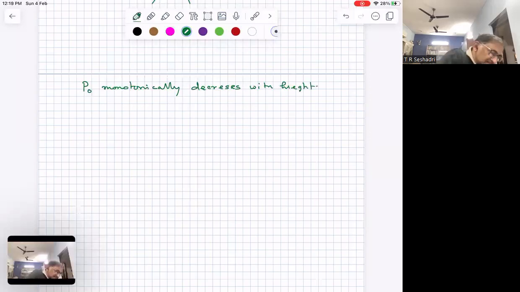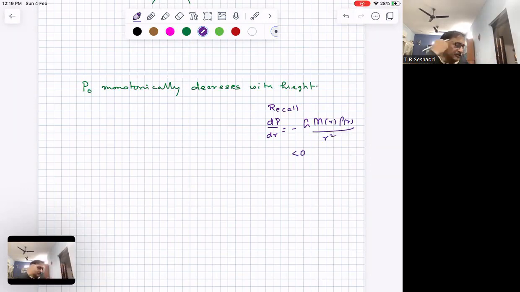Just recall that dP by dr is equal to minus G m(r) rho(r) by r square, and this is always less than 0. So it monotonically decreases. So it means that PO prime is less than PO.